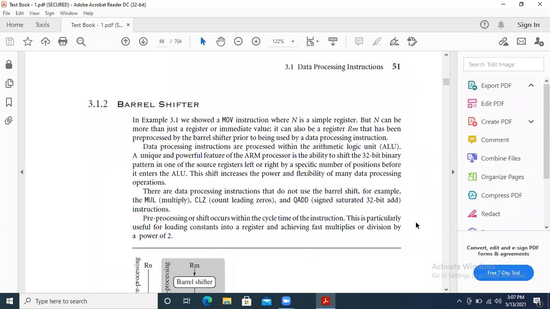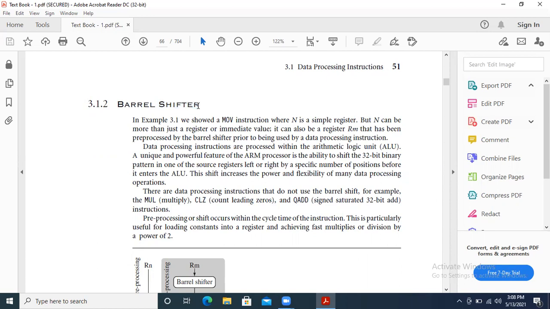Suppose you give 2, it shifts the value 2 places, either to the left side or the right side. We are shifting a value from one place depending upon the request. The same way this also works here. It is the same as a move instruction, but in this we have to add an extra element, called a barrel shifter.